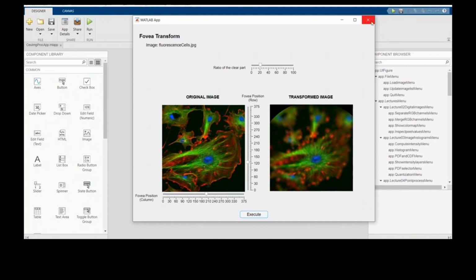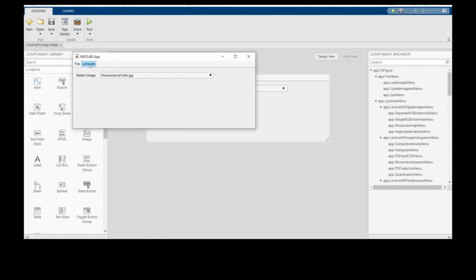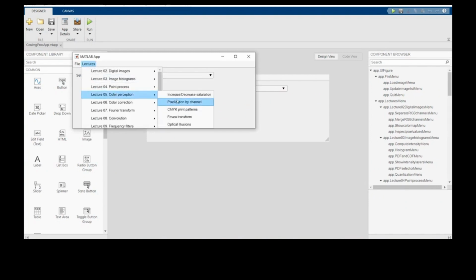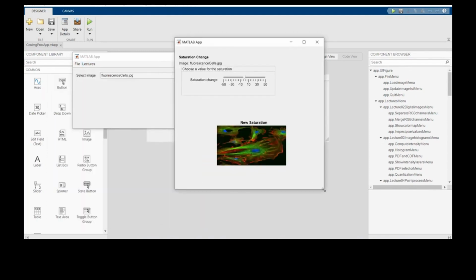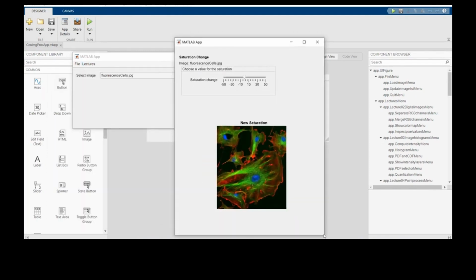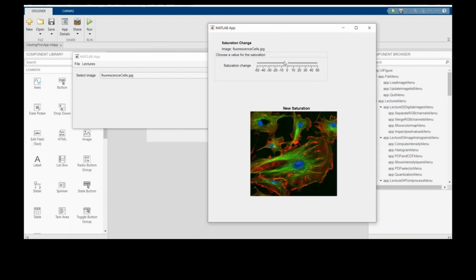Okay, so let's close this one. Then we can explore some other ideas. So, for instance, this decrease saturation. We already know what saturation is in this HSV space, so we can increase the saturation, so we are closer.